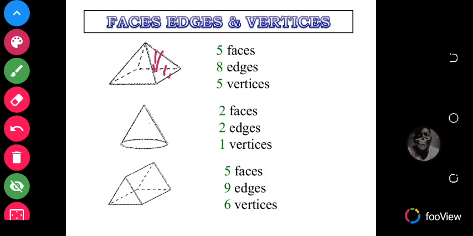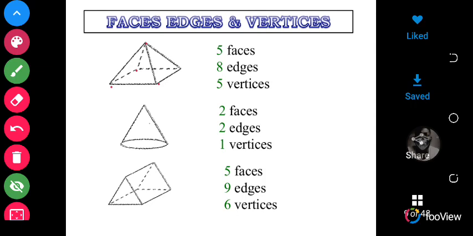All this part is a face. Now, edges are the lines that connect each other. Those are edges. And vertices are the points where the lines meet. For instance, this point is a vertex, this point is a vertex, and this is a vertex.